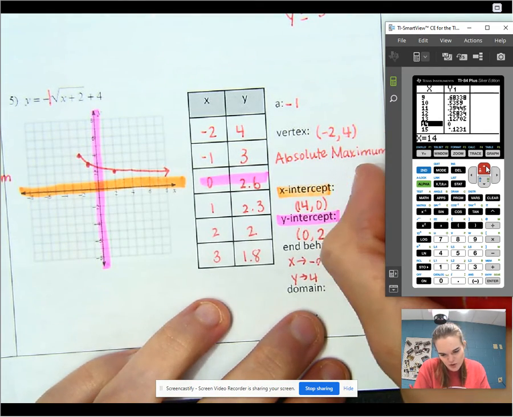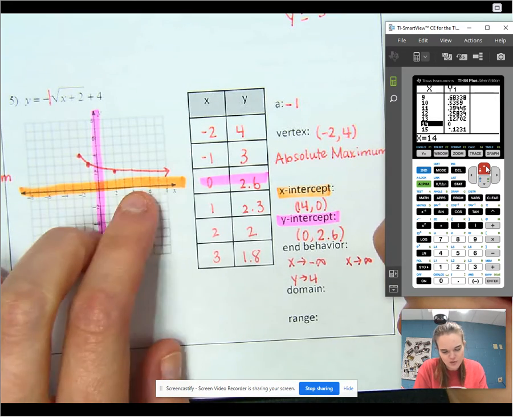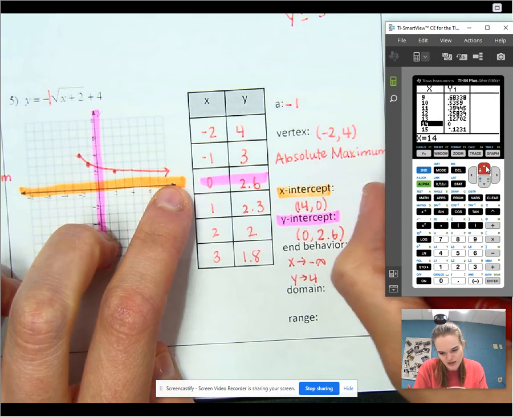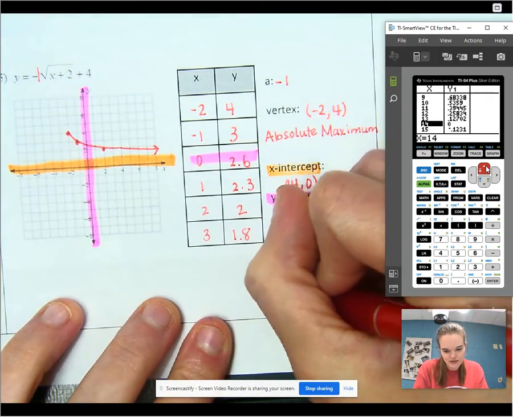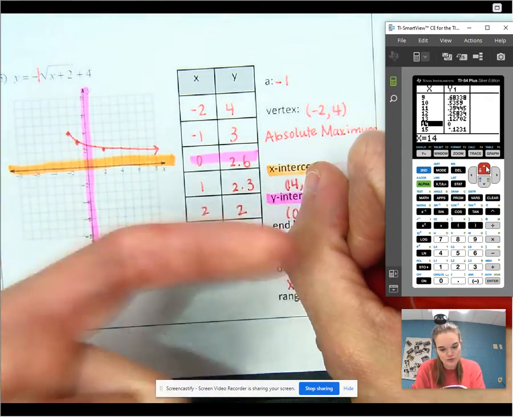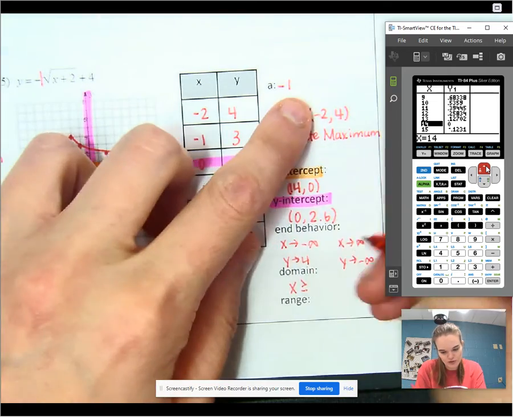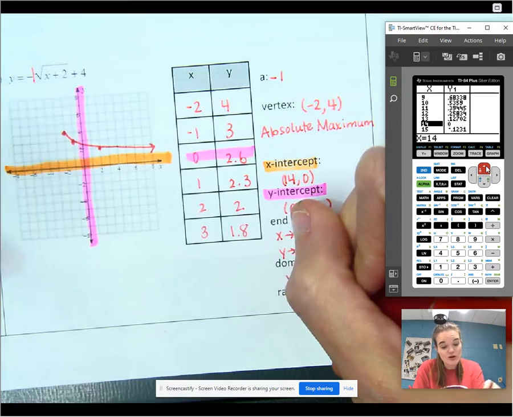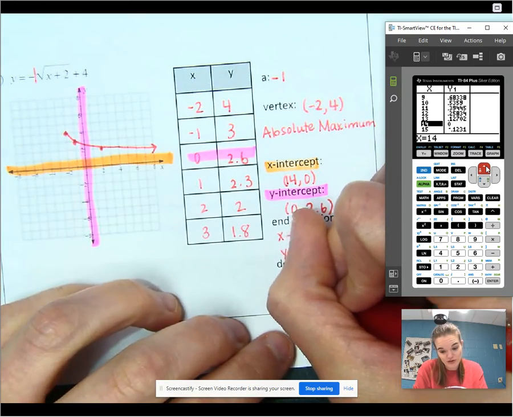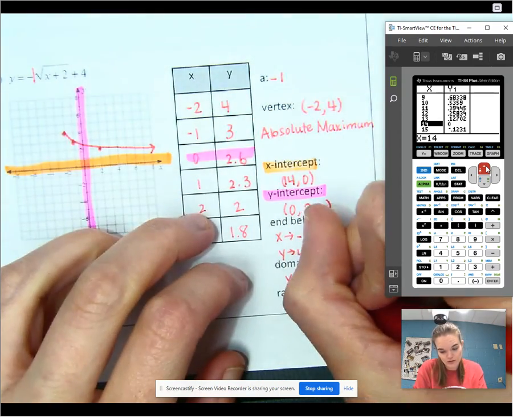When x approaches positive infinity, y is going down, so it's negative infinity. The domain, x is going towards the right, so it's greater than or equal to negative 2. The range, y, is now going down, so it is less than or equal to 4.